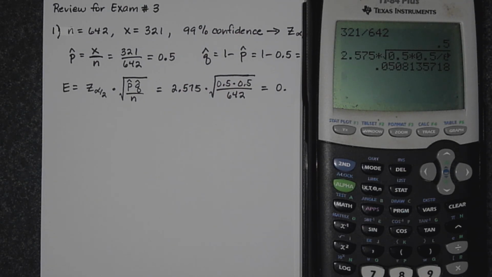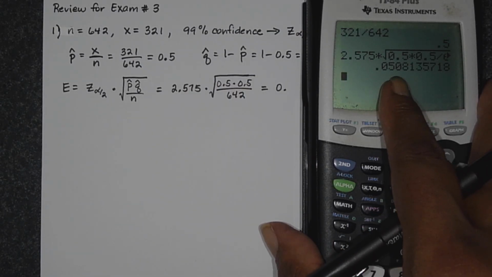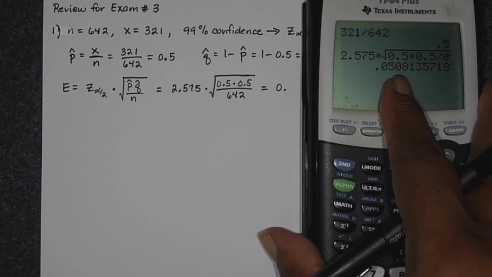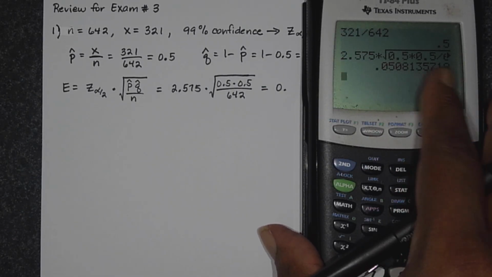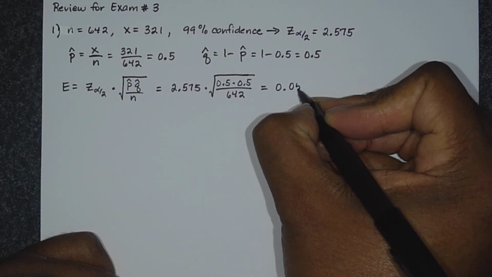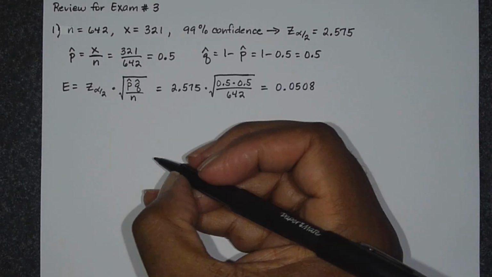Now let's say I want to round this off to 4 decimal places. That's going to be 0.0508, 4 decimal places. Okay, that's the margin of error.